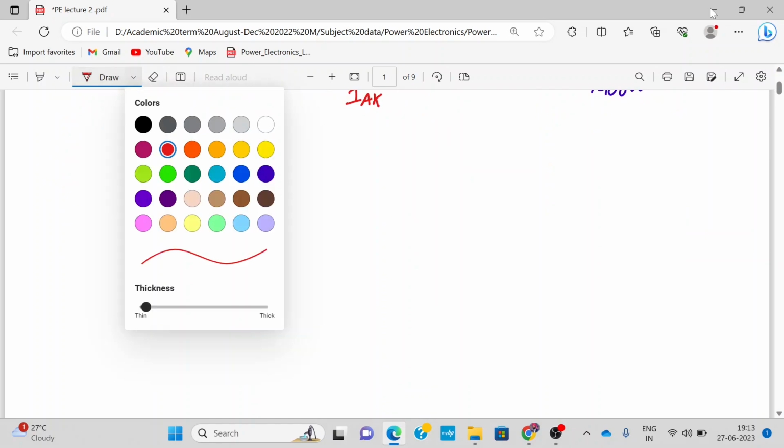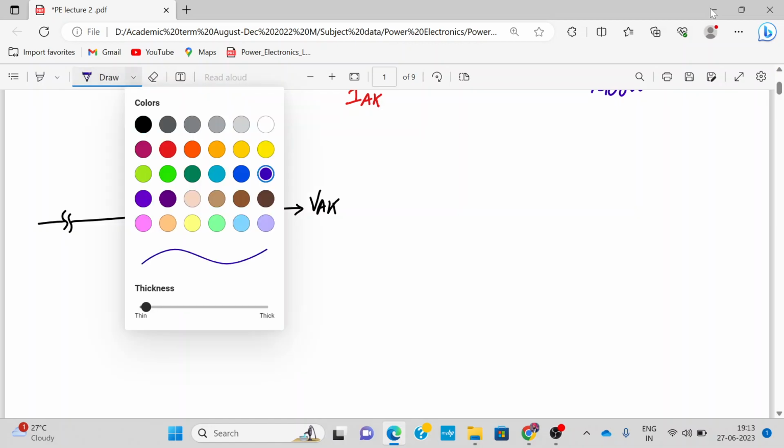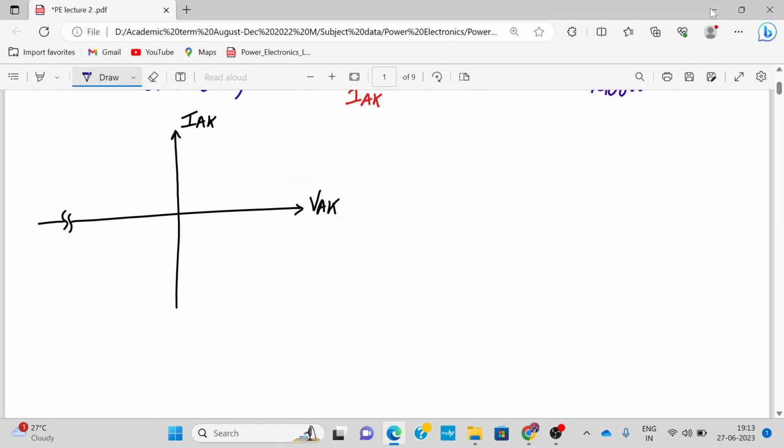Alright, now let's talk about the characteristics of a diode. So let's first talk about the real IV characteristics of a diode. A diode will have characteristics which look like this. This is IAK, anode to cathode current, and VAK. In the forward characteristics, when voltage is positive, current also rises exponentially with it. And in the reverse bias, the current is very small.